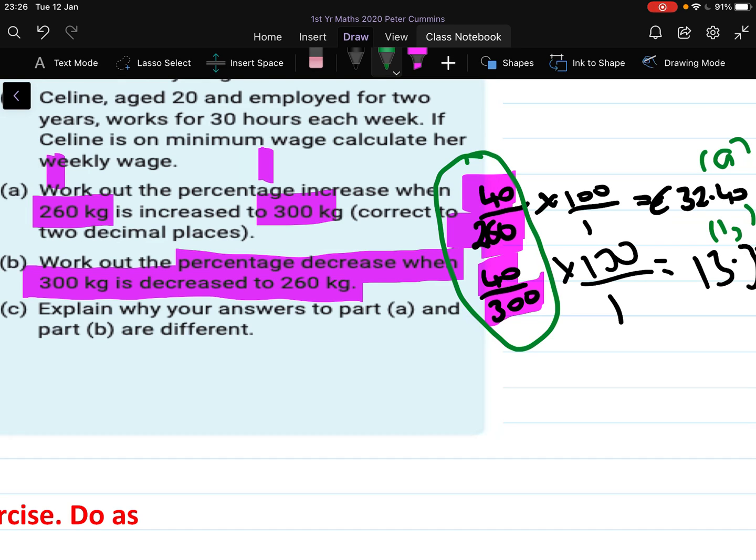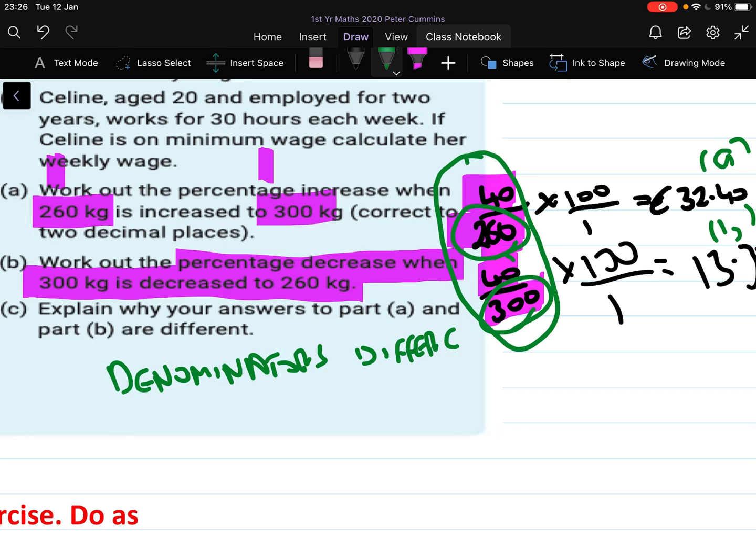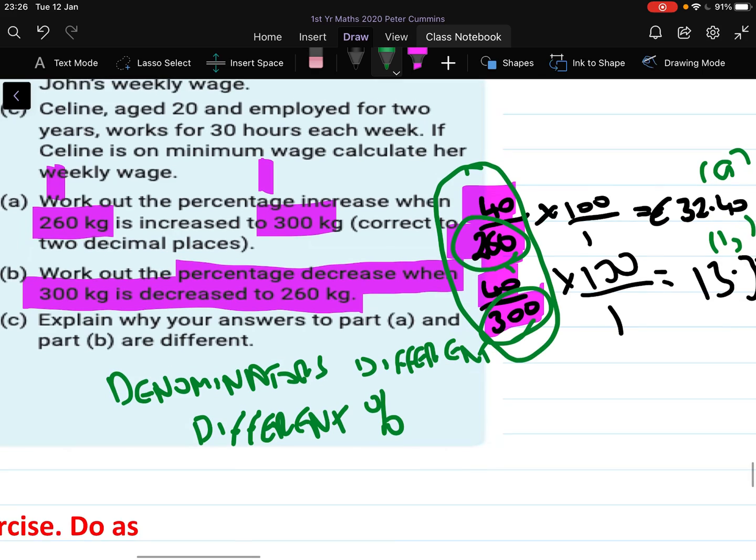The answers are different because our denominators are different. Because the denominator is different, we're going to get a different percentage. Sorry, I know my writing is dreadful, but you know that from class. So that's how we work out part 6.